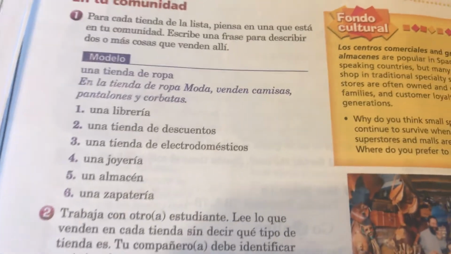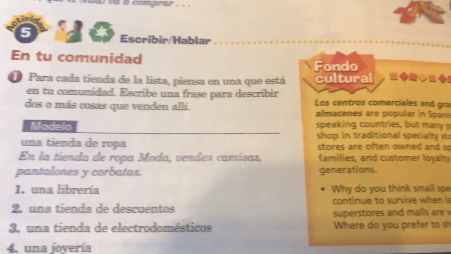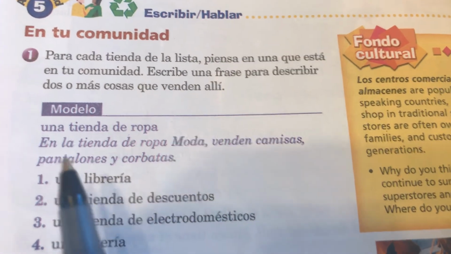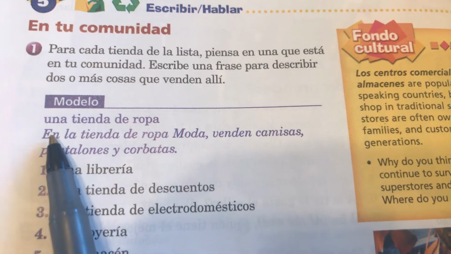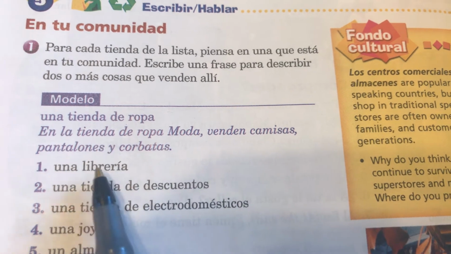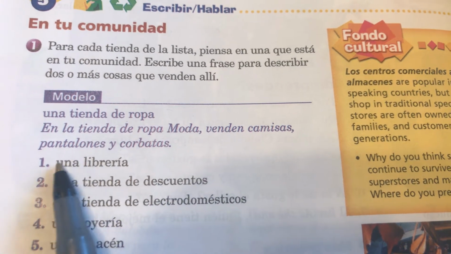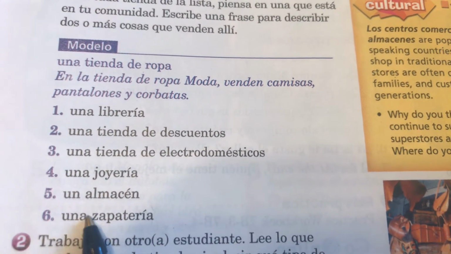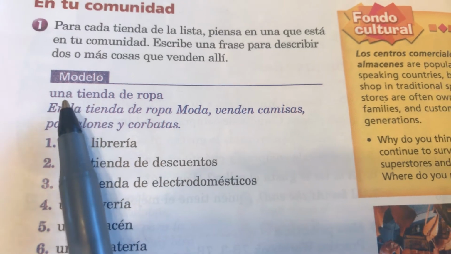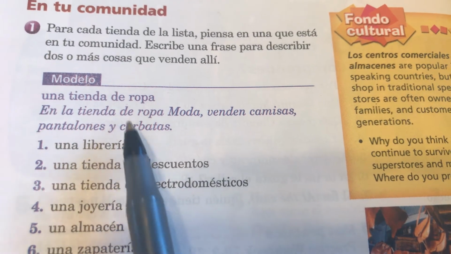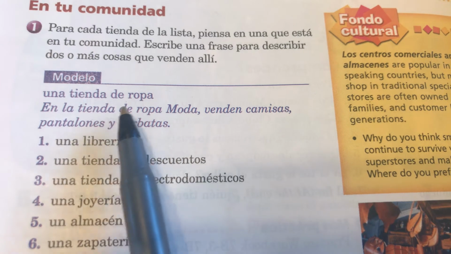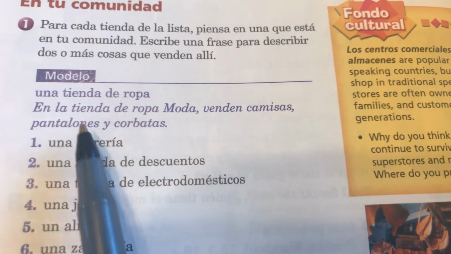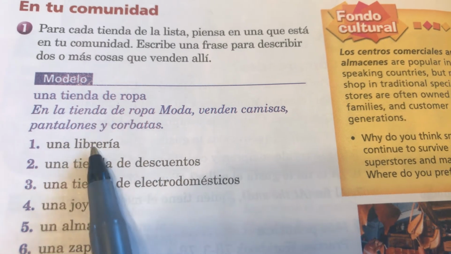Okay, so let's look at the first one. Una librería. What would they sell at a librería, at a bookstore? Well, you can write en la tienda because librería is feminine, and it already gives you right here the answer if it's feminine or masculine. So, en la tienda de en la librería, I'm sorry, you don't use de on this one.